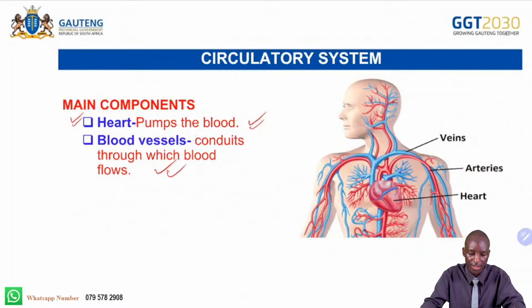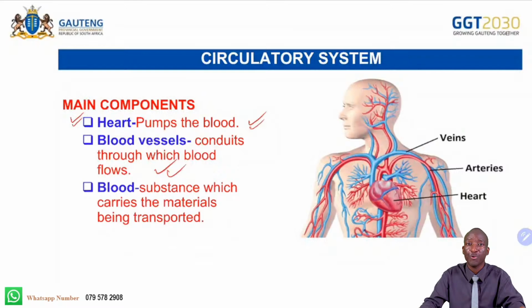Finally, we talk of the blood, the other main component of the circulatory system. This is a substance which carries the materials being transported. All the dissolved substances which are supposed to be delivered to all the body parts are carried by the blood so that they reach all the body cells.